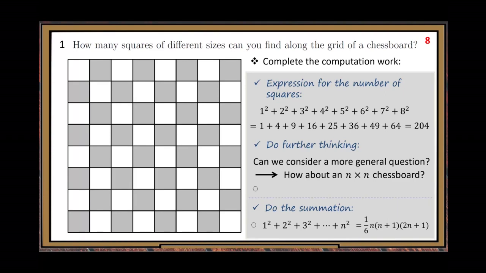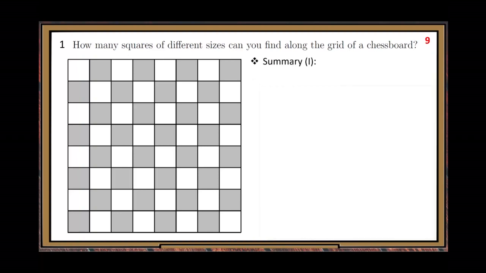You can find this formula in a discrete math textbook, where there is a chapter showing how to find the summation of consecutive squares of the integers. Here I just give you the formula, so I do not show you how to get it. It's not that easy, but it can be found using some special technique.